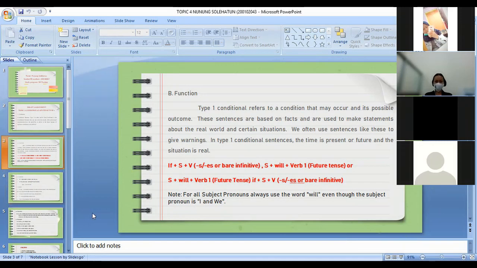If plus subject plus verb 1 or verb infinitive, subject plus will plus verb 1, or subject will plus verb 1 if plus subject plus verb 1. Note: for all subject pronouns always use the word will, even though the subject pronoun is I and we.